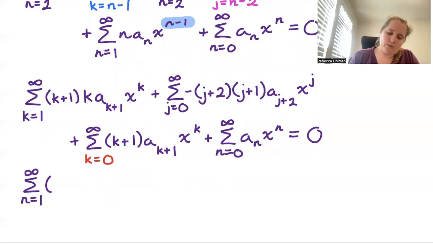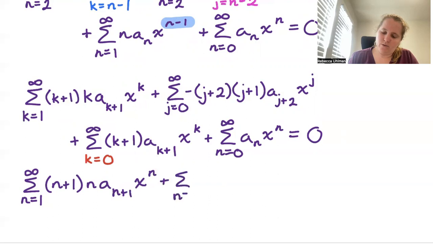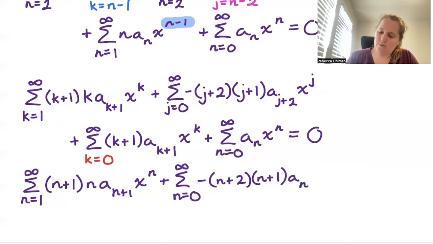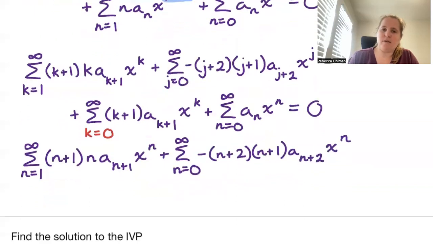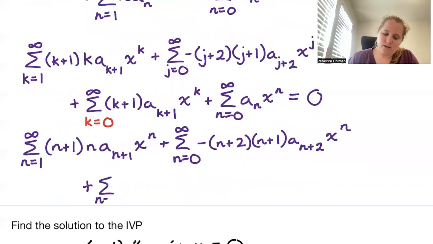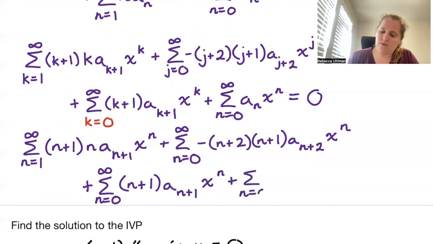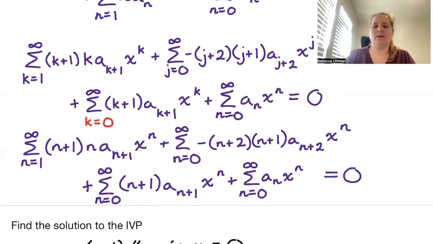So we have the sum from n equals 1 to infinity of n plus 1 times n times a sub n plus 1 times x to the n, plus the sum from n equals 0 to infinity of negative n plus 2 times n plus 1 times a sub n plus 2 times x to the n, then plus the sum from n equals 0 to infinity of n plus 1 times a sub n plus 1 times x to the n, plus the sum from n equals 0 to infinity of a sub n times x to the n, and all of this should add up to equal 0. I need to give myself a little more space.